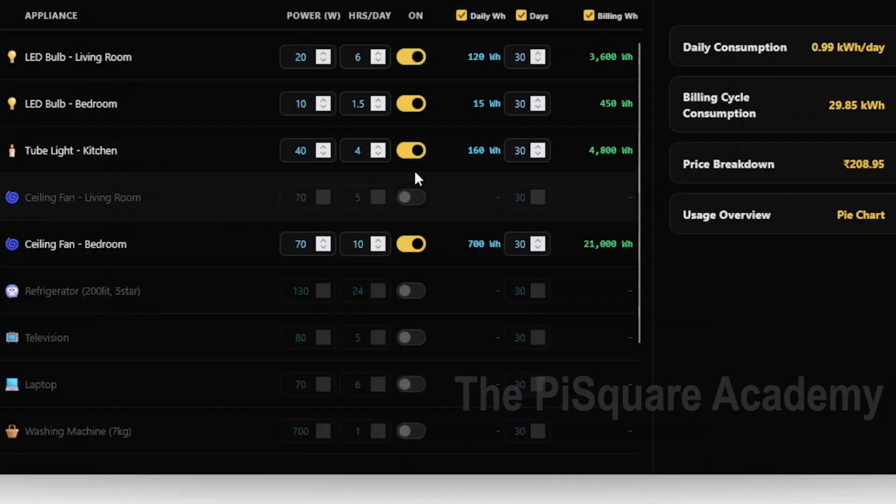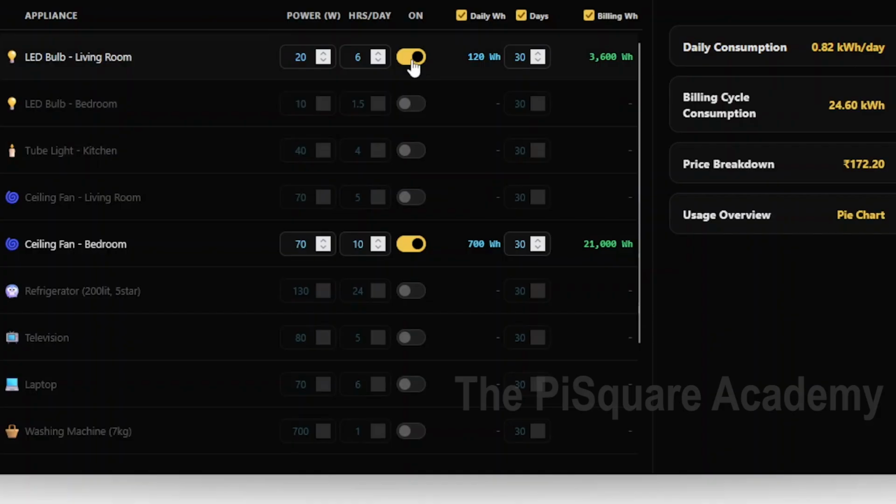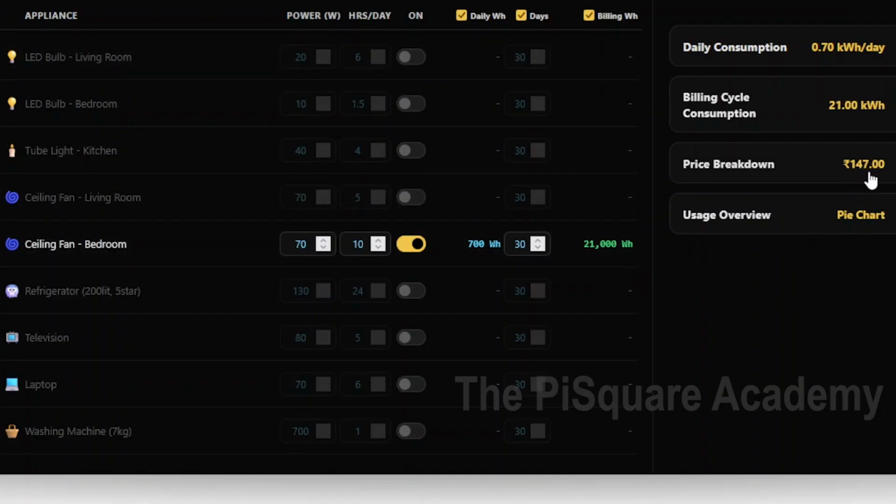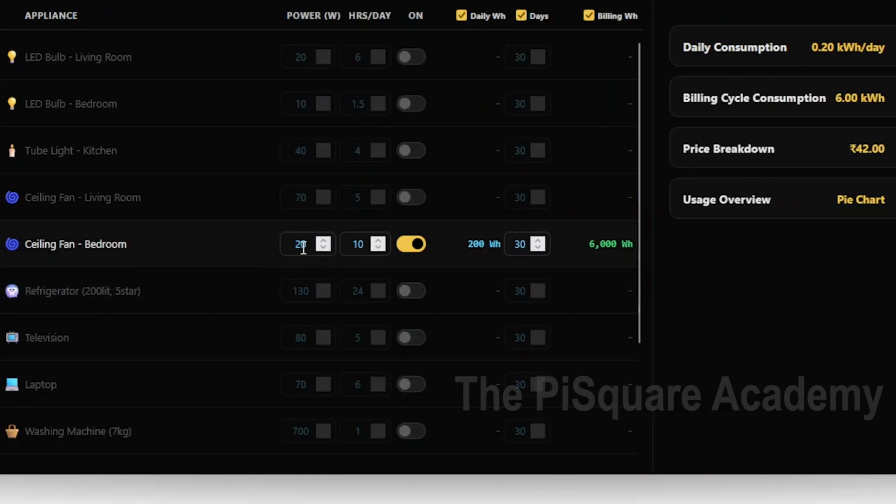If we look at the price at the end of the month, it will cost 147 rupees, only this fan. If you use a BLDC ceiling fan instead, which only consumes 20 watts, it only consumes 6 kilowatt hours. So just 42 rupees. Earlier more than 100 rupees, now just 42 rupees.